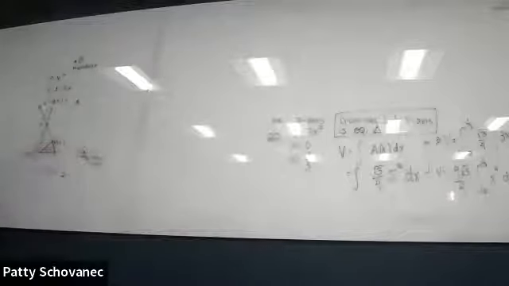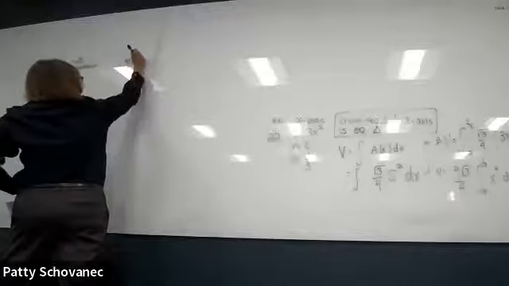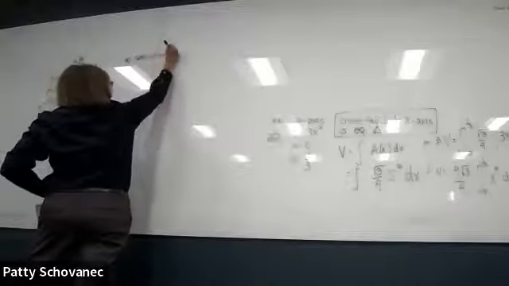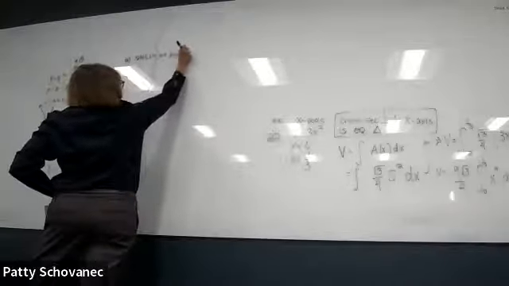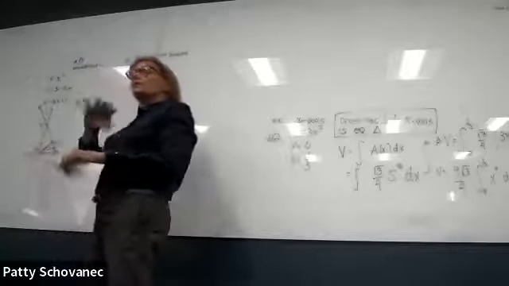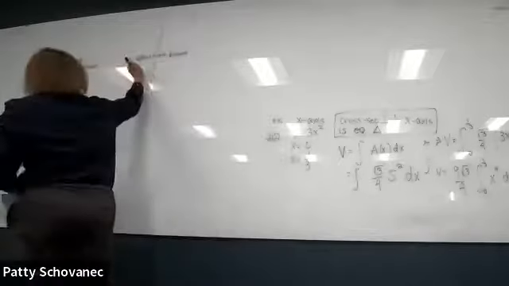So if my partitioning element is parallel to the axis that it's going around, what shape will be made by that partitioning element? Shell. Now the x-axis, we're going to use shells. And our plan with shells is the 2 pi r h times the thickness goes in our integral.